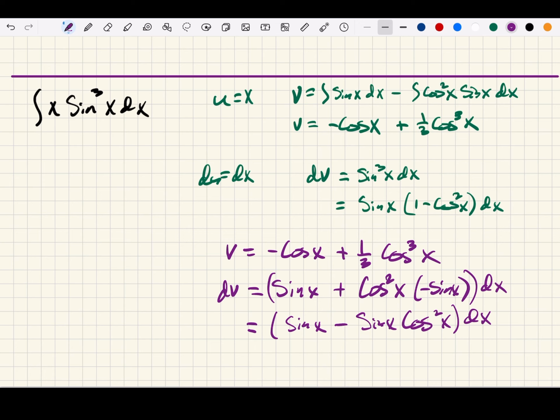What can I do there? Factor out a sine? Yeah, we could do that. So we'd have sine x times 1 minus cosine square x dx. And 1 minus cosine square x is sine square x, which would be sine cube x. Okay, good. I'm feeling pretty good about my work so far.